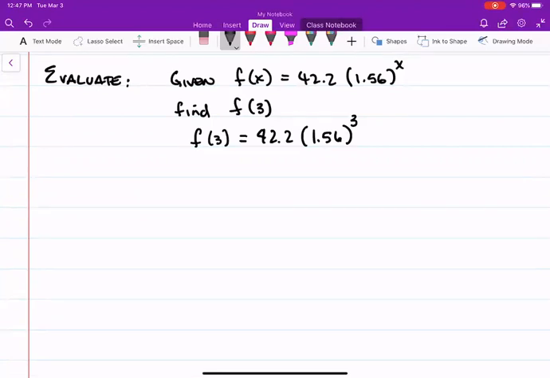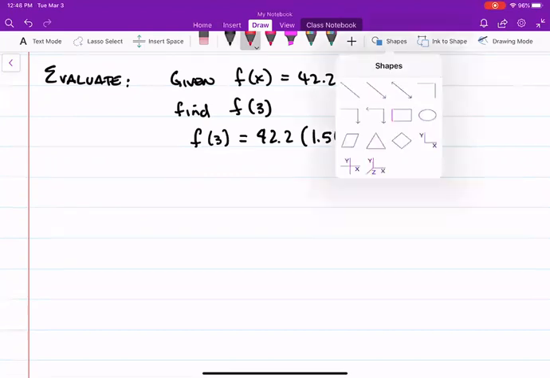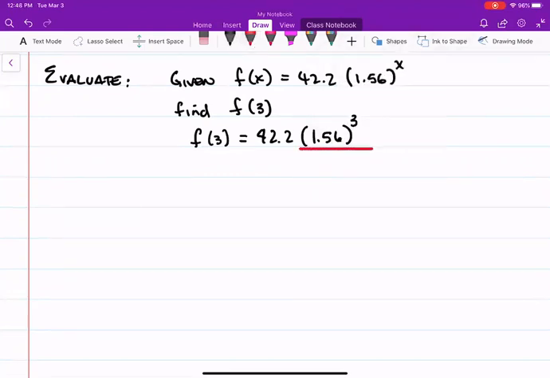Remember that the first thing we would do is do this piece first, and the reason is because of order of operations. We would do exponents before we multiply.